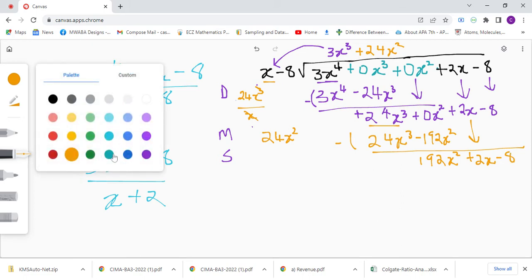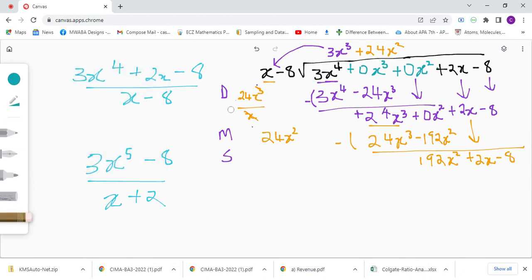Okay, we start our process over again. Divide, multiply, and subtract. Now we divide 192x squared by x. Cancel the x, and we remain with 192x.